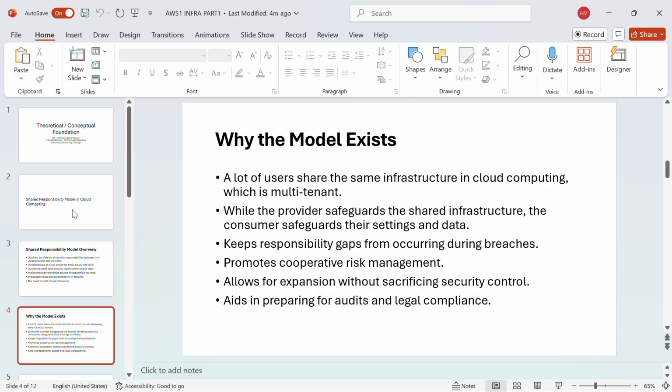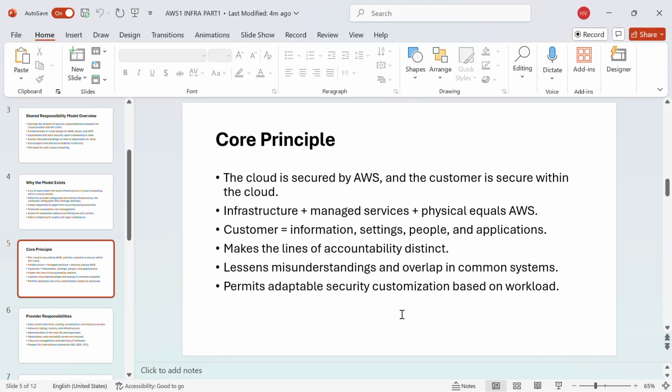It keeps responsibility gaps from occurring during breaches, promotes cooperative risk management, allows for expansion without sacrificing security control, and aids in preparing for audits and compliance.